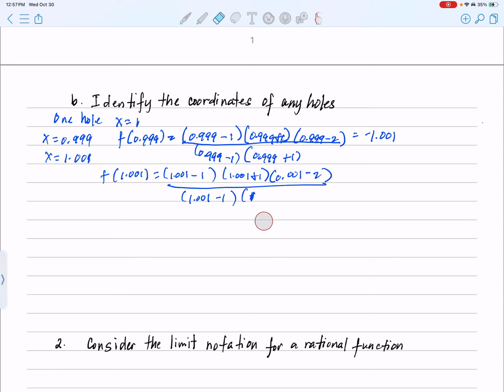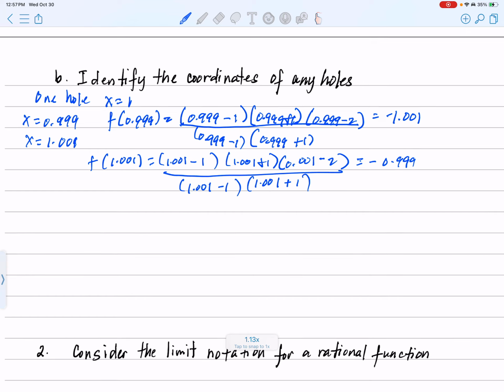But actually, if you have a calculator, having small numbers like this, you can do this in the calculator. But in case you are not allowed to use a calculator, you can do this process. Just choose any number that is very, very close to the left or from the right.